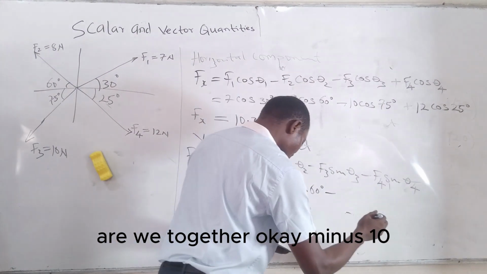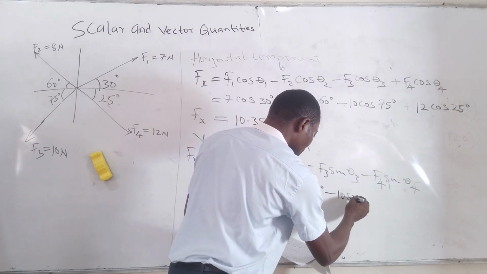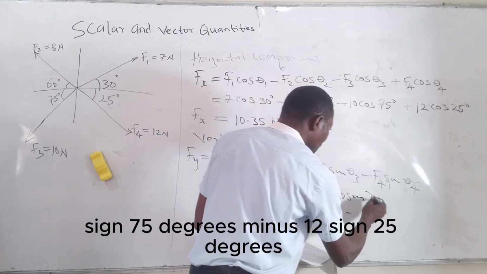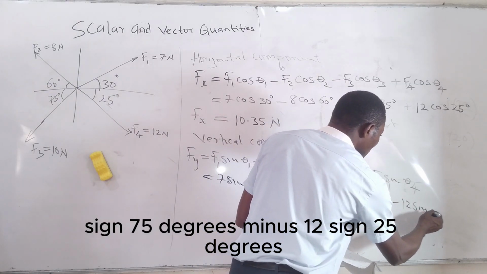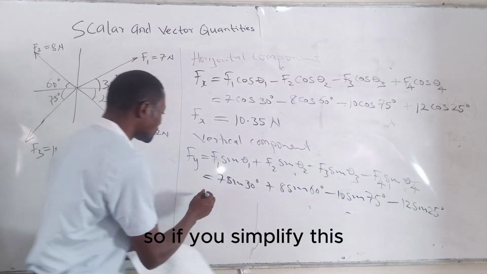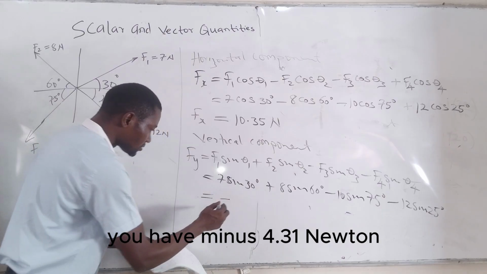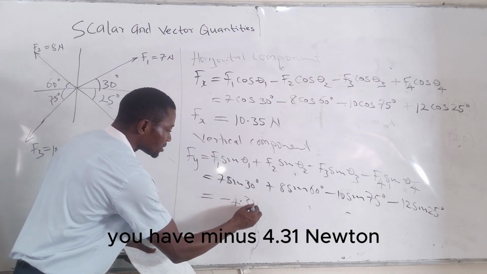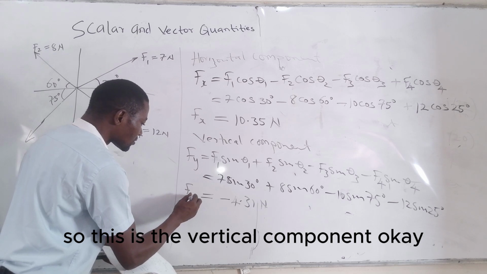Okay, minus 10 sine 75 degrees minus 12 sine 25 degrees. So if you simplify this, you have minus 4.31 Newton. So this is the vertical component.